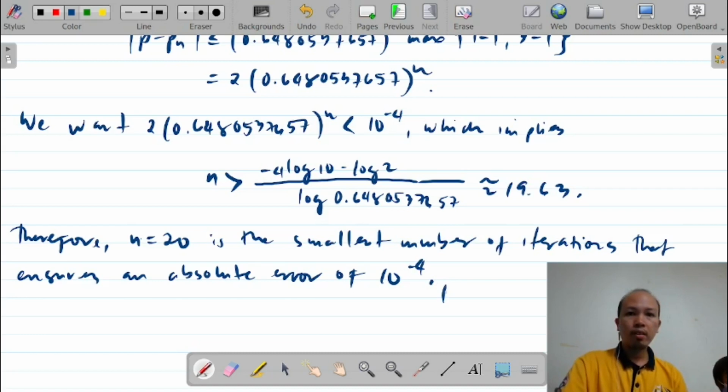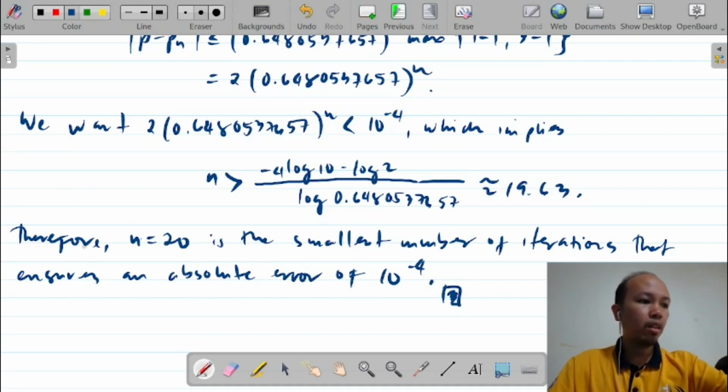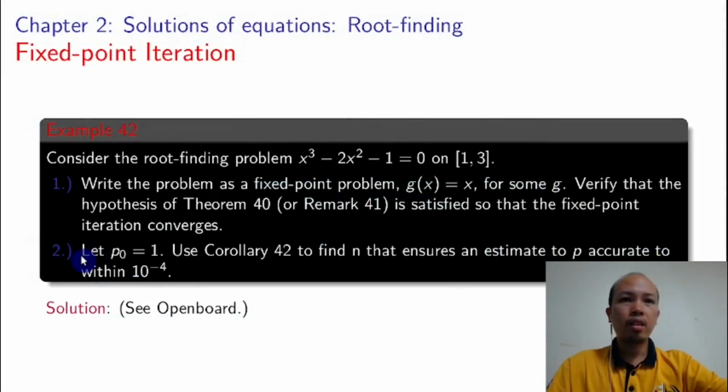Okay, so that's the end of the solution. That's the answer for example number 42.